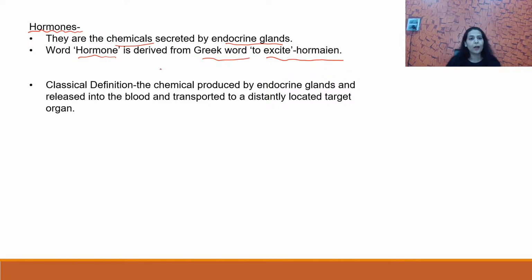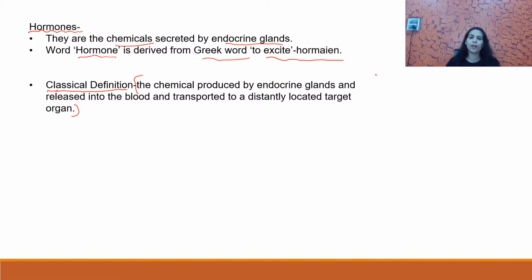Classical definition. Now you need to remember both the definitions, the modern definition and the classical definition. The chemical produced by endocrine glands, released into the blood and transported to a distantly located target organ is known as hormone. This is what the NCERT wants you to remember.